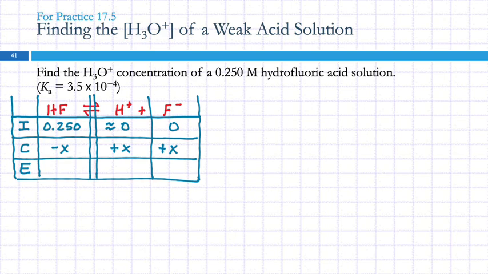Most of these are going to end up with coefficients of 1 for the weak acids, and so there's nothing tricky here. Then we're going to add the top two rows to get the bottom row: 0.250 minus x, x, and x.